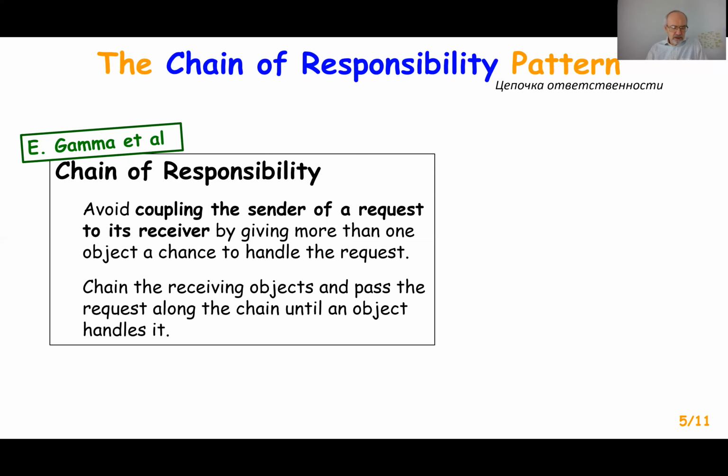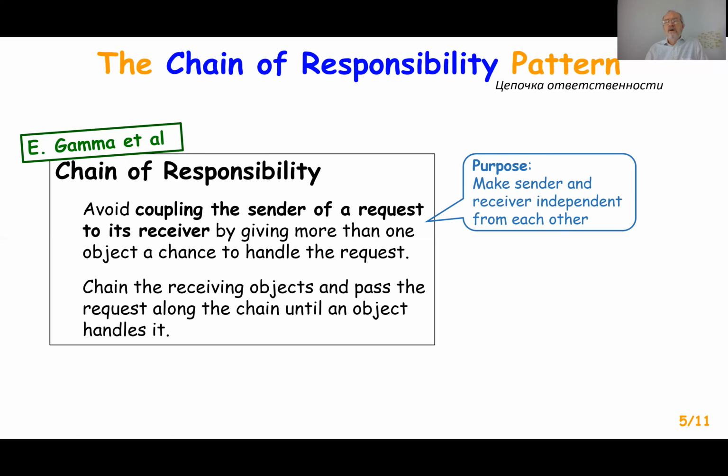This is a kind of second point. Please look at my remarks on that. Decoupling sender and receiver means making sender and receiver independent from each other in some sense. We will see that on the examples.